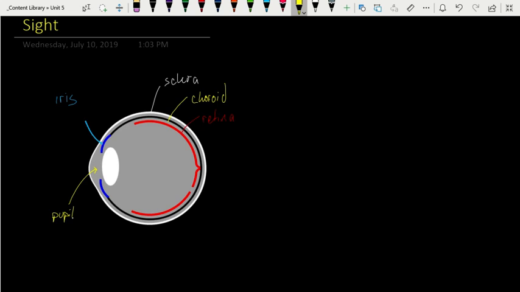The sclera is also continuous with another set of smooth muscle structures. We can put that here and here. This is called the ciliary body.